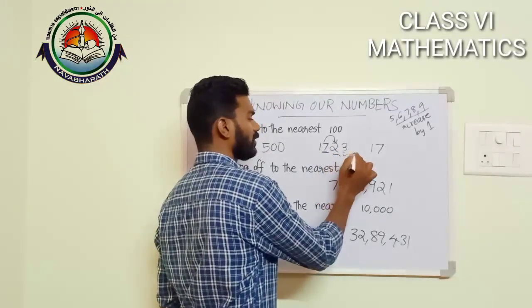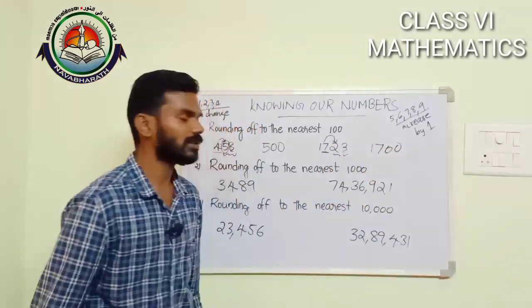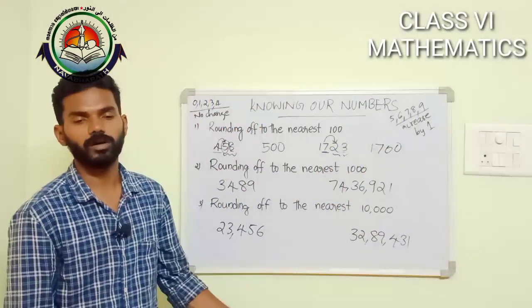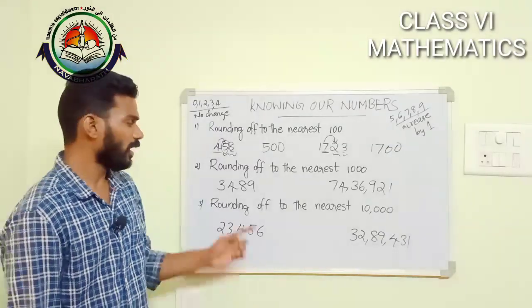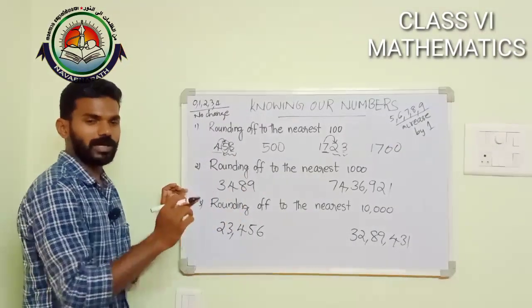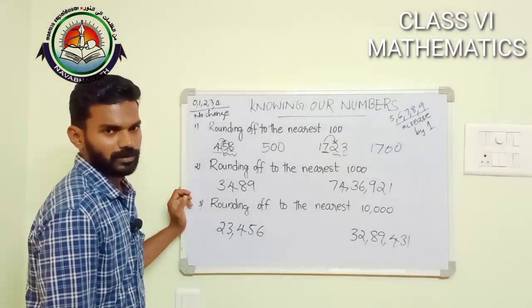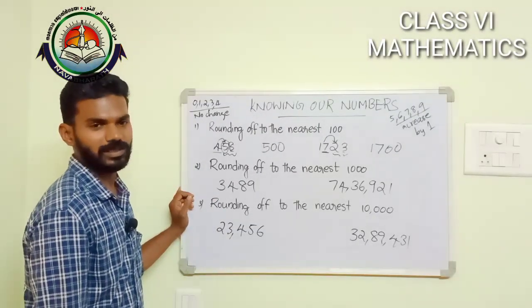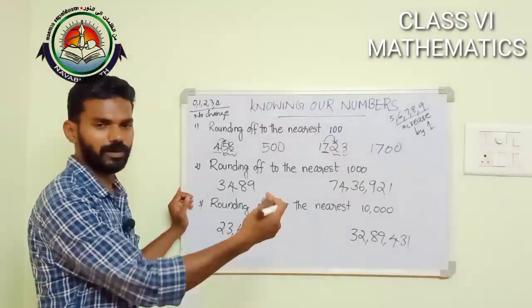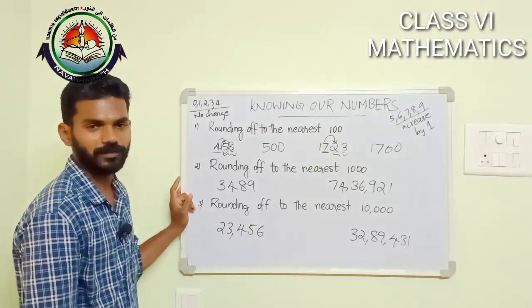How many digits are there? 2 digits. So 1700 would be the rounded value. Clear? Now similarly, you can do rounding off to different places easily by following the same method. Clear?